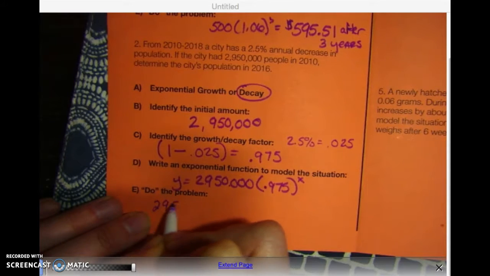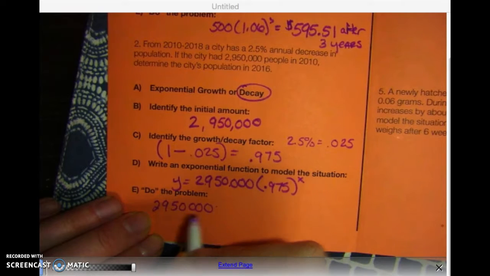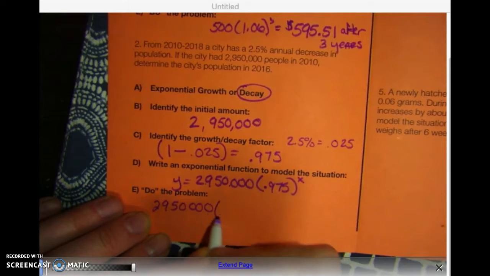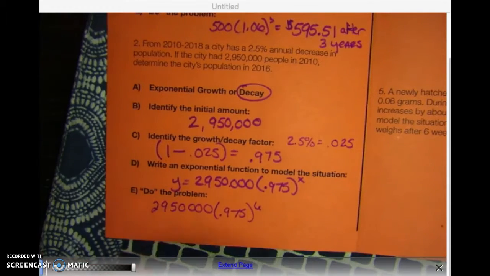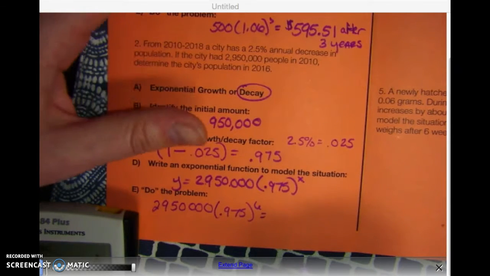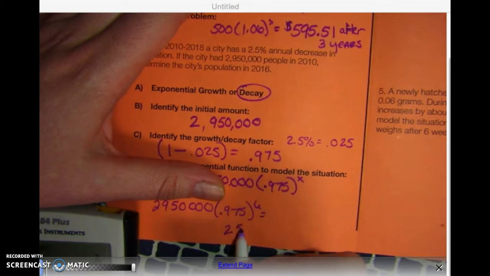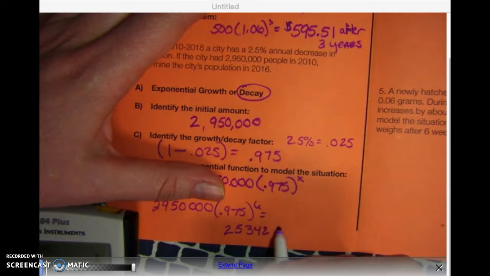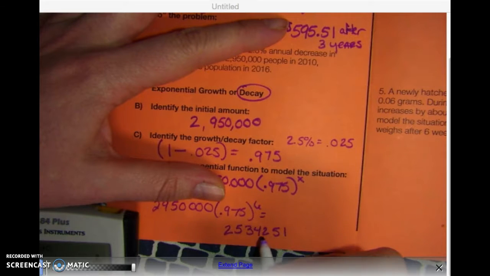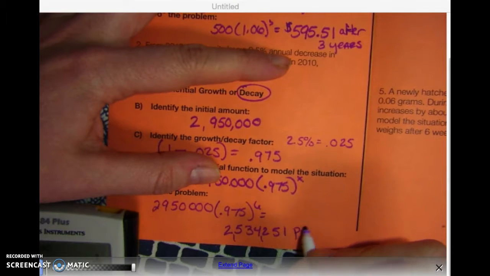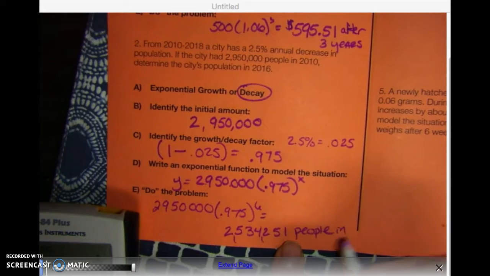So when we do our math, since these are people, do we want to have a decimal here? No. Okay, in 2016.